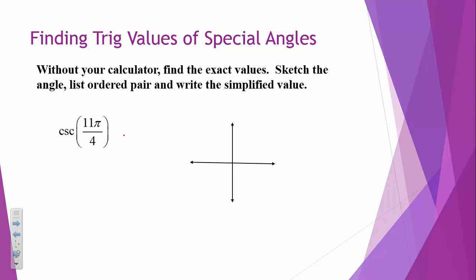11 pi over 4 is close to 12 pi over 4, and 12 pi over 4 is 3 pi. So that's why that one will end up over there.